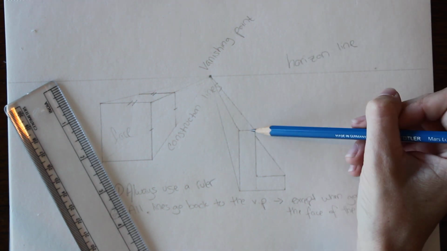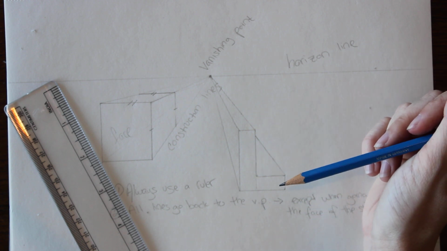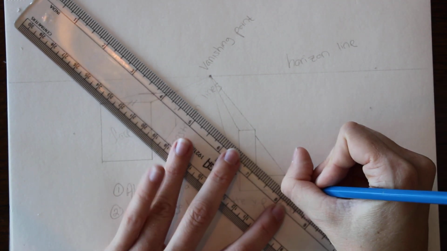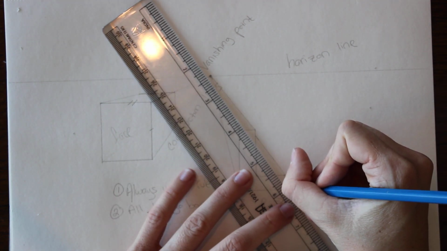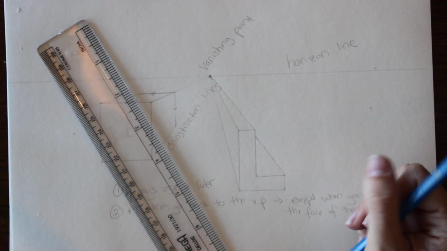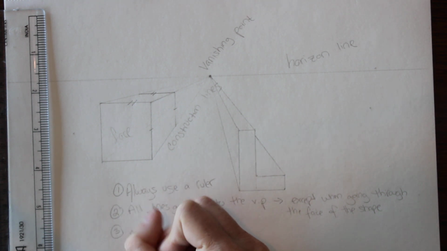But this part of the line is behind the face of the shape, which means I don't need to draw the rest. I'm just going to have to erase it later anyway. Last corner, again, this one automatically, I know I don't have to draw because it goes to the face of the shape. Okay? So that takes us to our last rule.